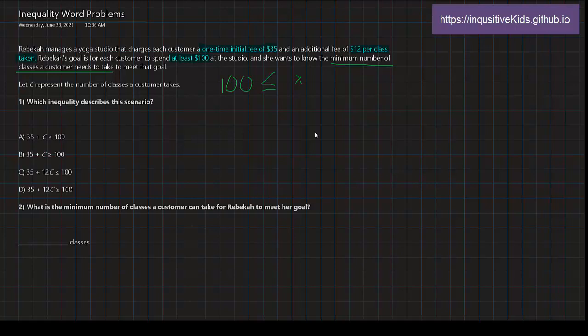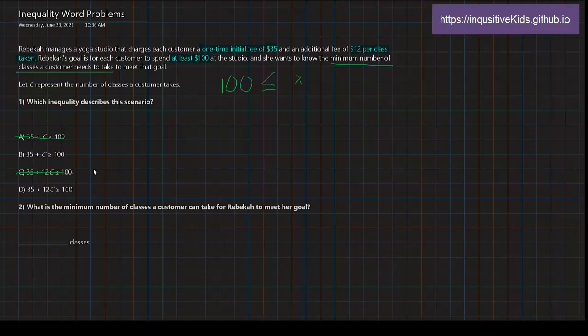So all the inequalities that say less than or equal to 100 will first all be canceled. Now we only have it down to B and D.